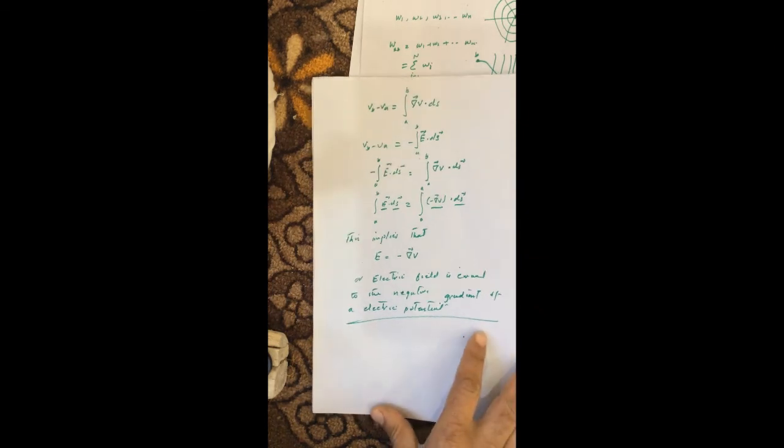This is the fundamental theorem. So this is all about calculating potential from the electric field, while the calculation of electric field from the potential we will do later, maybe after a few lectures.